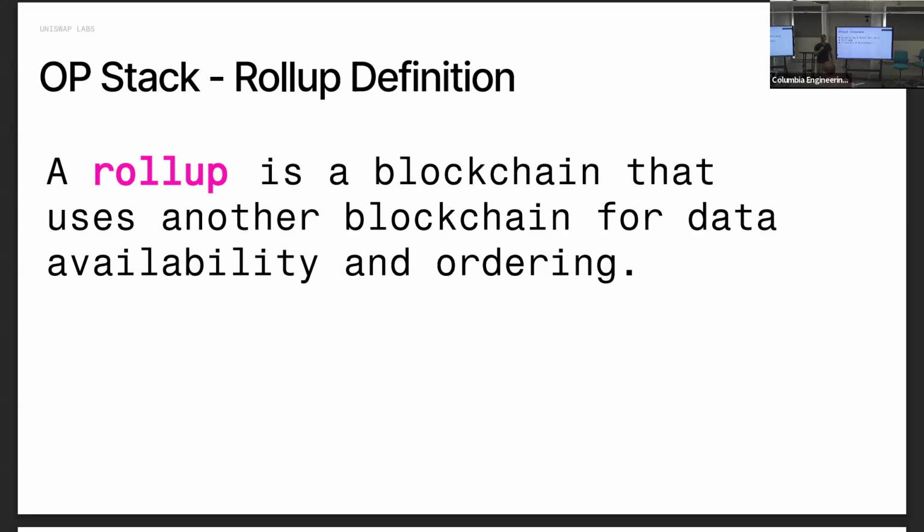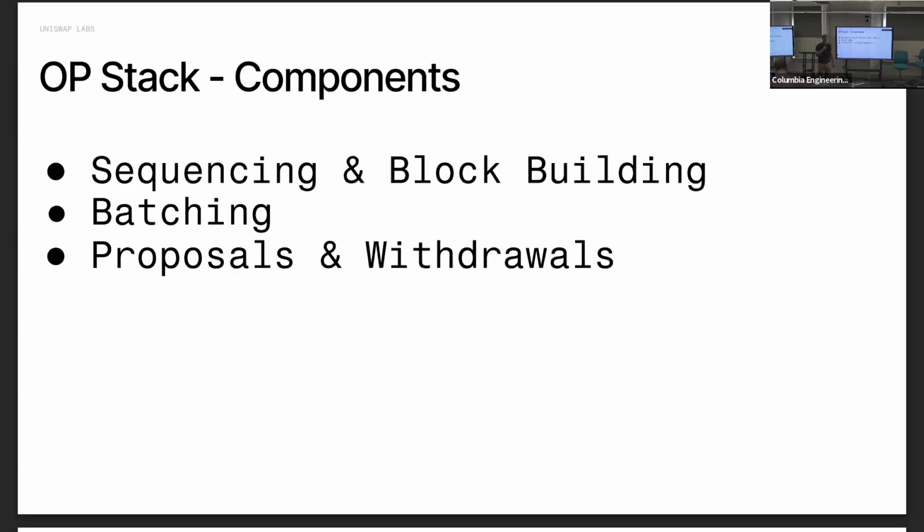Okay, going through the OP stack, kind of one way to think about it is these high-level components. We have sequencing and block building, which is how a transaction comes from a user and gets included in a block. Probably where we'll spend the majority of the talk today. It's the most interesting part.